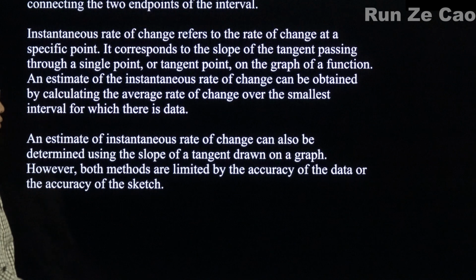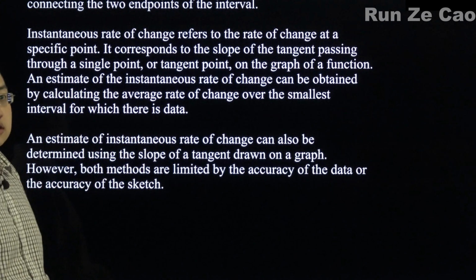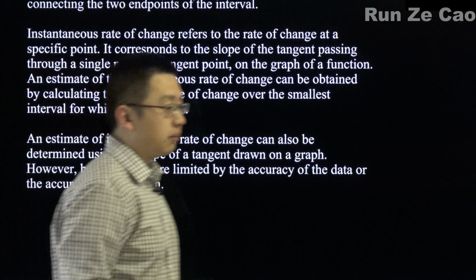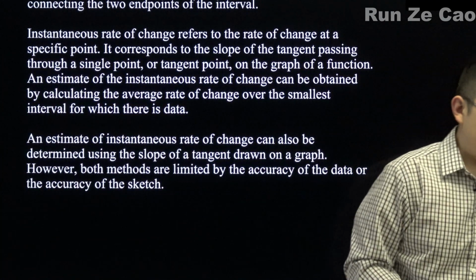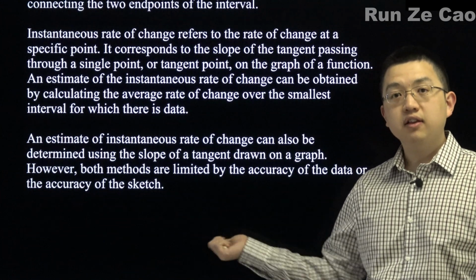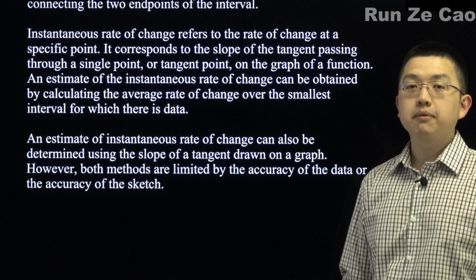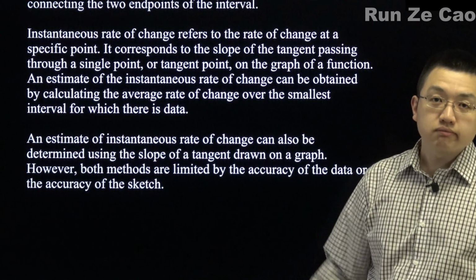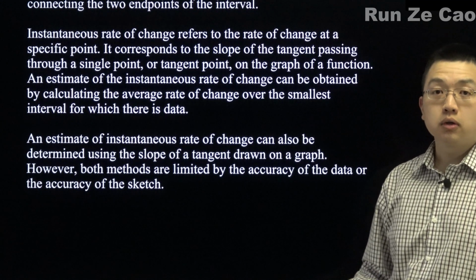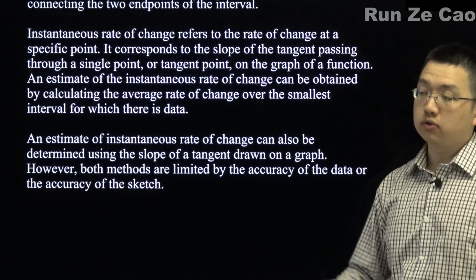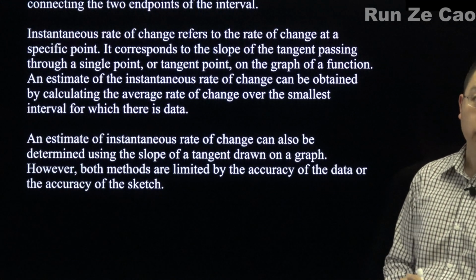Therefore, sometimes you might actually have to draw some graphs and some tangents and measure the slope of those tangents. But there is a problem. The accuracy of the data and of the sketch is sometimes, well, sketchy. So not very good, which means you're going to end up with some numbers that are somewhat off.